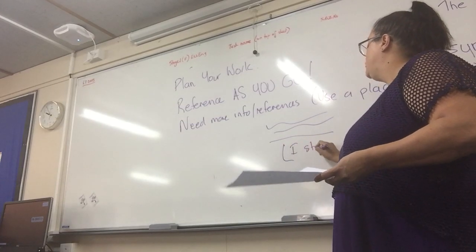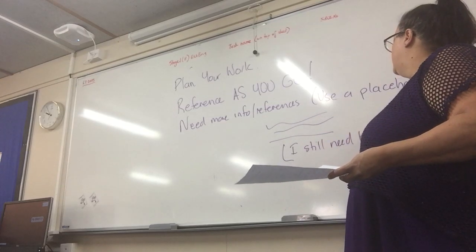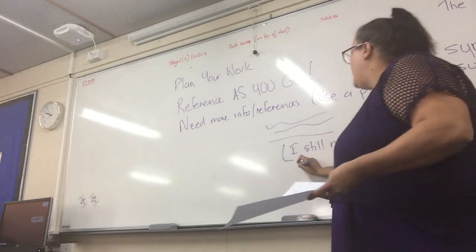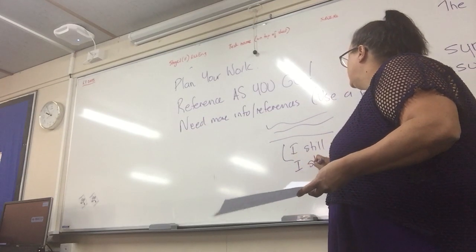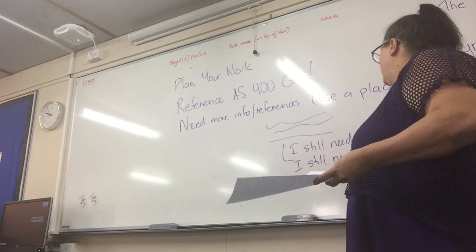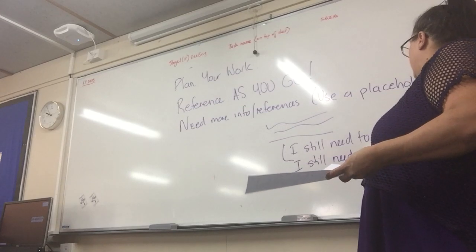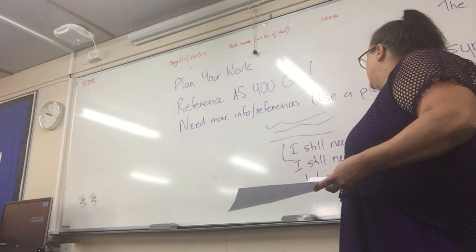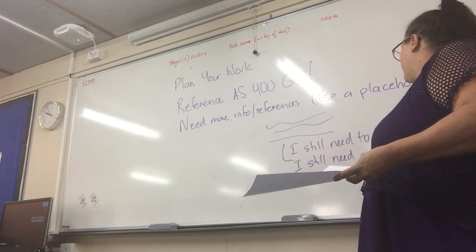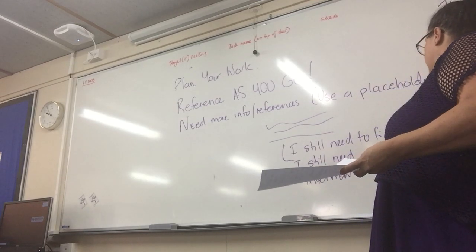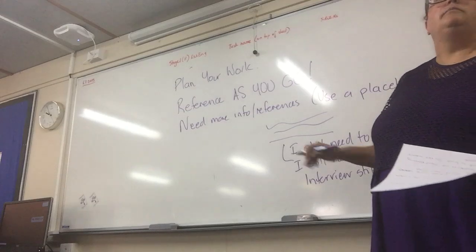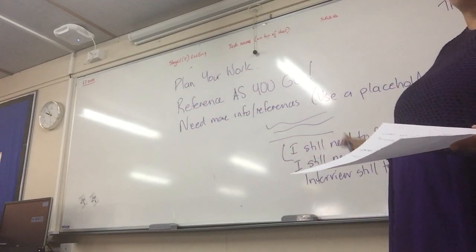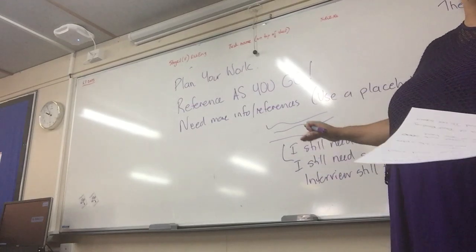I still need to find, you know, an article. I still need a survey question to go in here, or, you know, interview still to come. You haven't yet been able to conduct an interview with someone that you want to, but that's an area that you're going to ask them questions on. Put in a placeholder for me so that I know that there's still information coming back in that.